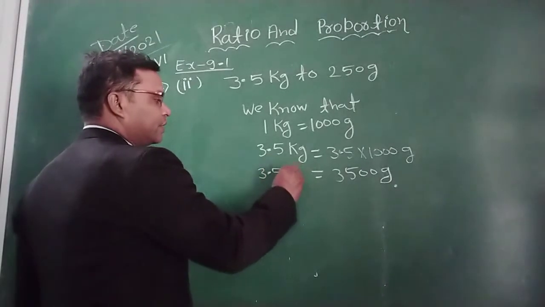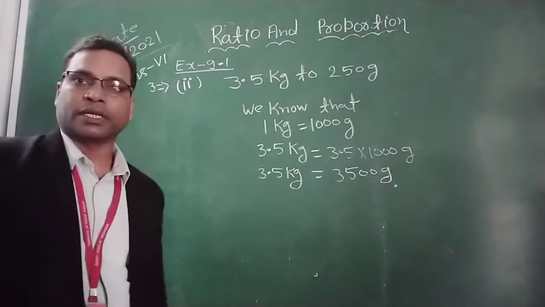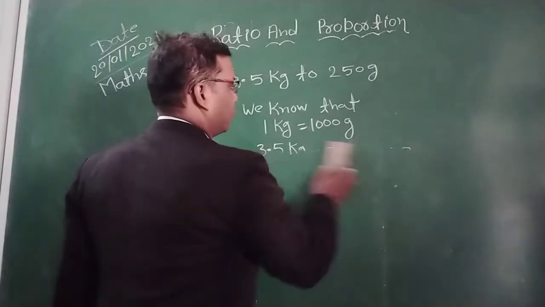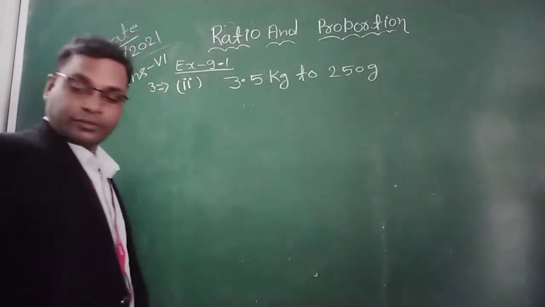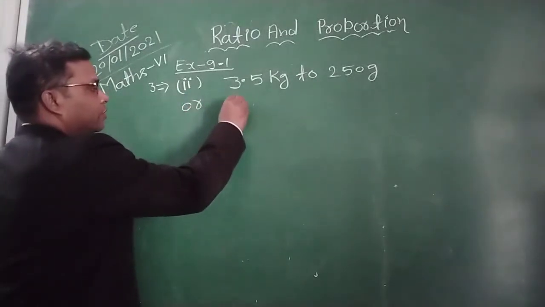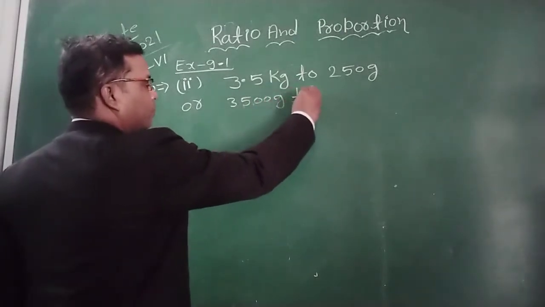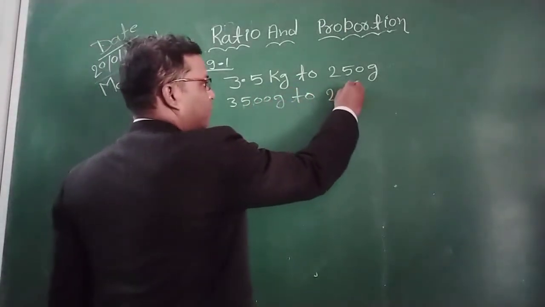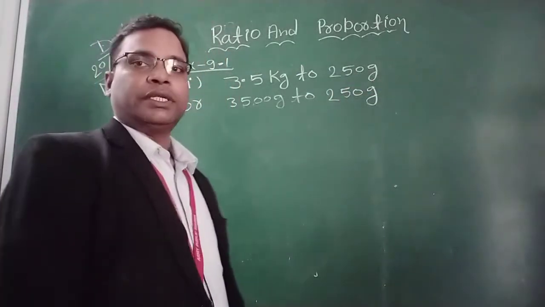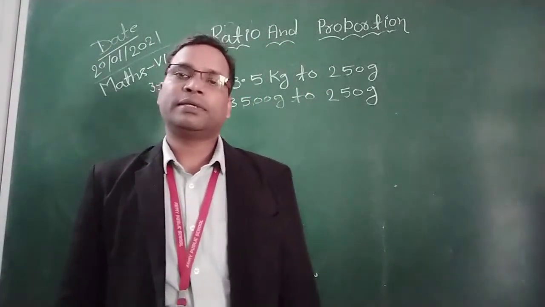3.5 kg is equal to 3500 grams. So let's see. So you can write it. We need to find the ratio of 3500 grams to 250 grams.